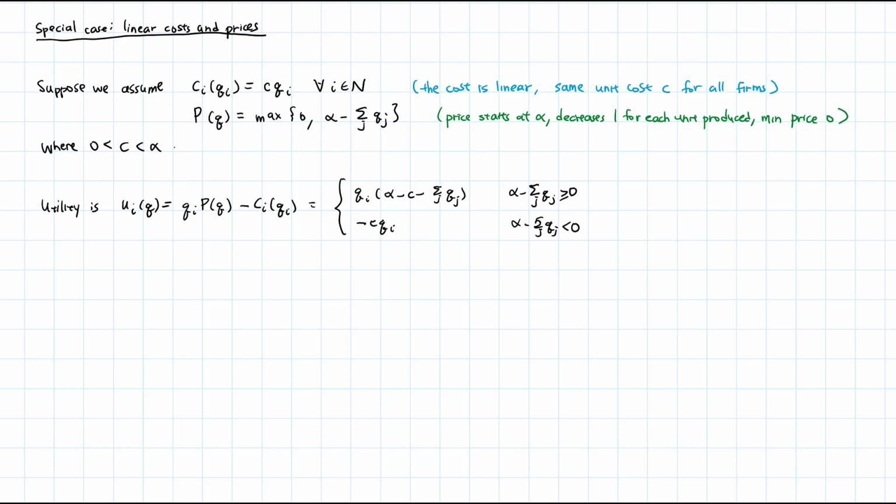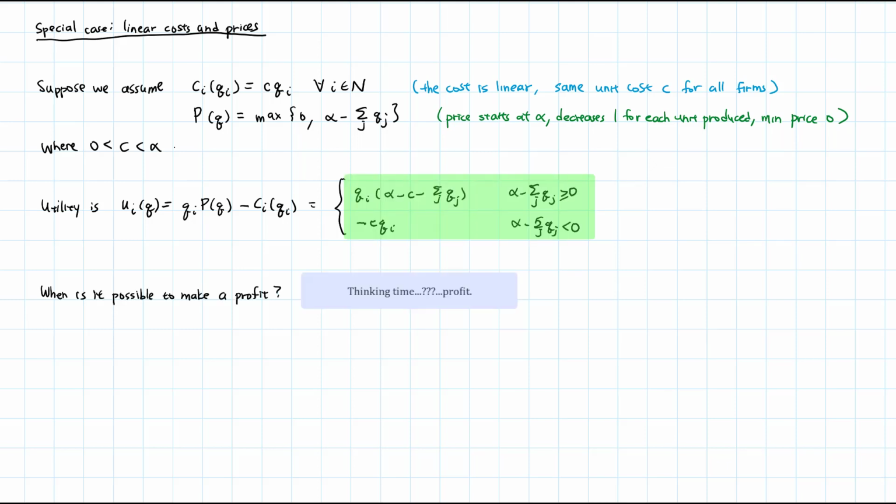Looking at the formula for the utility, when is it possible to make a profit? The answer is when alpha minus C minus the sum is greater than 0. We now focus on a particular firm i, and we will separate Qi from the sum.